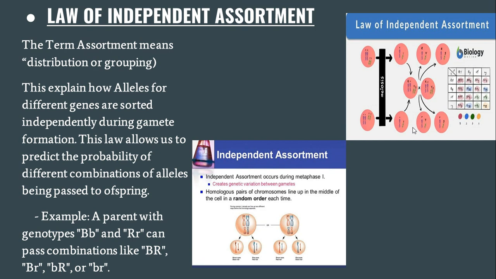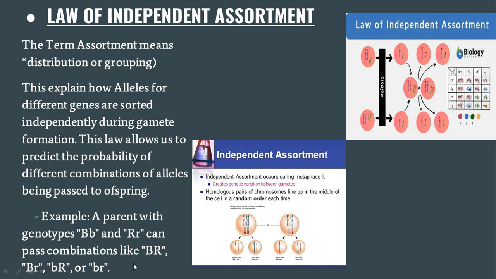So the example of the law of independent assortment is a parent with genotype BB and genotype RR can pass combinations like BR. Now let me explain this.